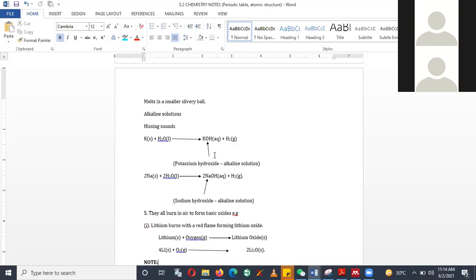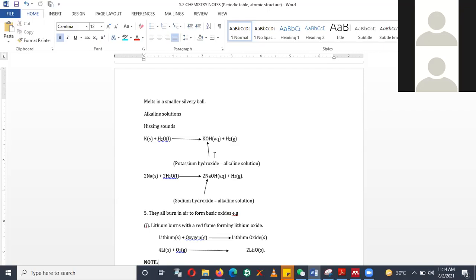Okay, so let's continue. You've now realized that metals react with cold water, group 1 metals, that is potassium, sodium, and lithium. But in O level, we don't focus on lithium a lot. That's why in your notes, you don't have lithium written there. But of course, you've seen how it reacts with cold water.